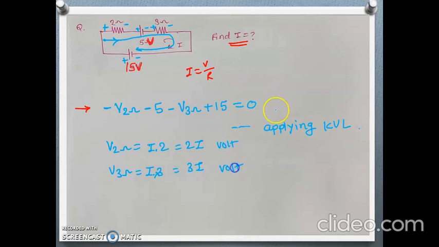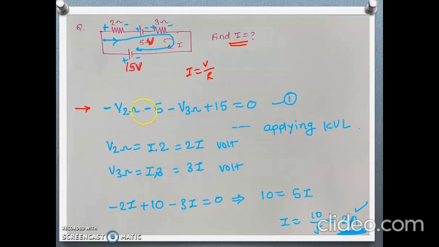Now putting these values in equation 1, we have minus 2I, minus 5 and plus 15 is plus 10, and minus 3I equals 0. So 10 equals 5I, so I equals 10 divided by 5 equals 2 ampere. This is the required value of current.